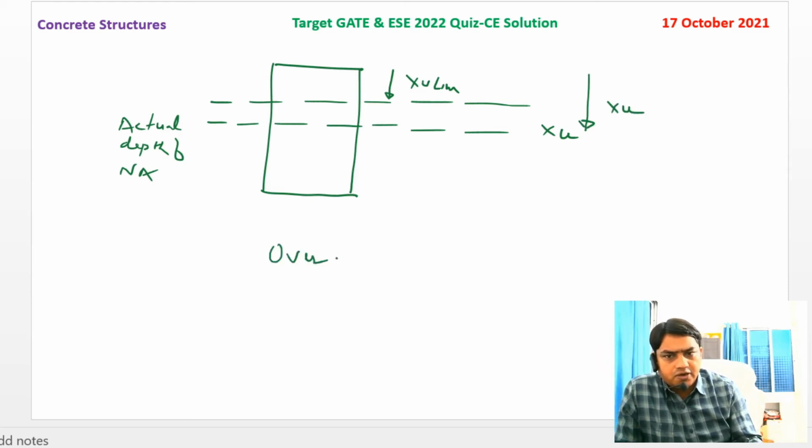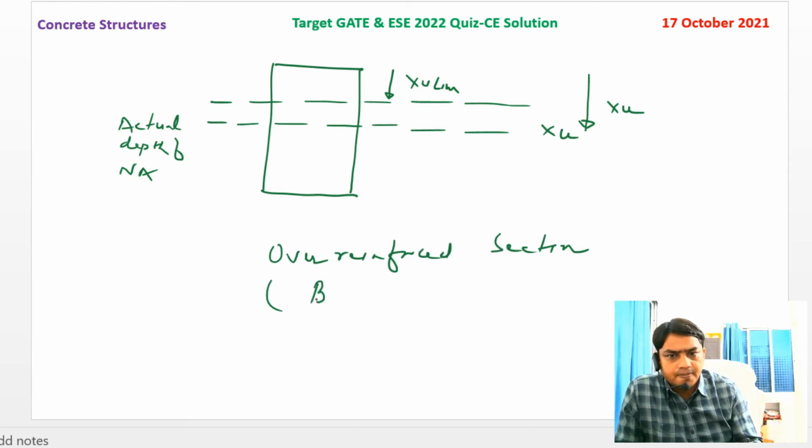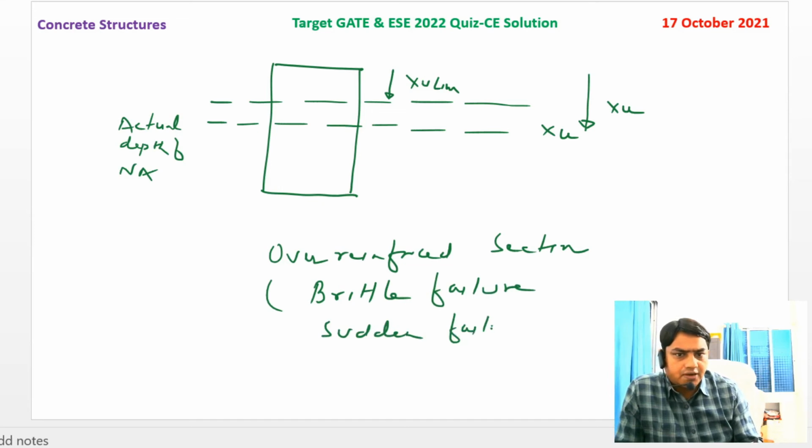This is called an over reinforced section. In an over reinforced section, the failure is brittle failure, sudden and non-alarming failure. So according to IS 456, this type of failure is generally avoided.